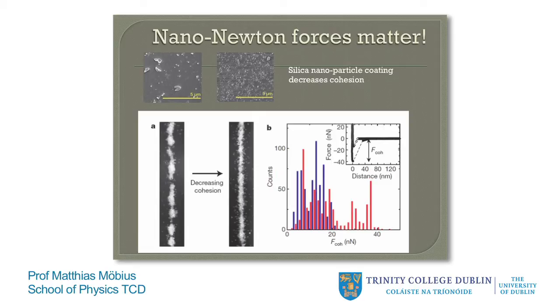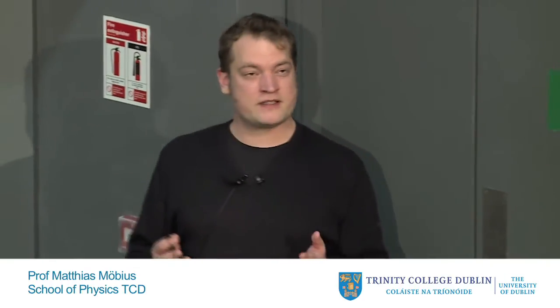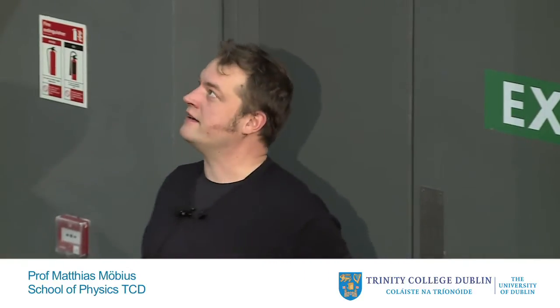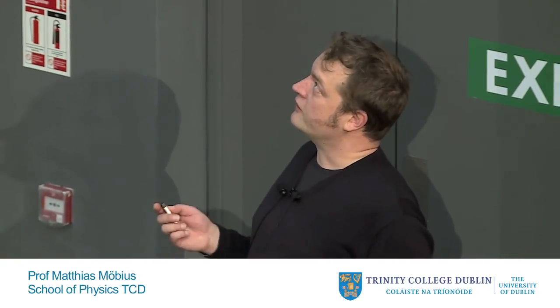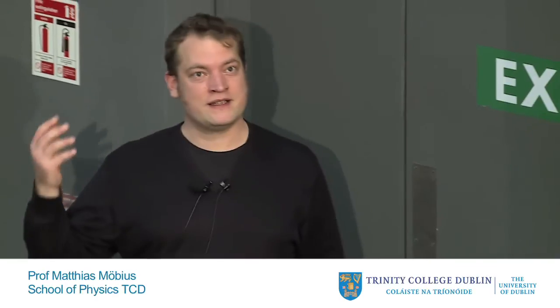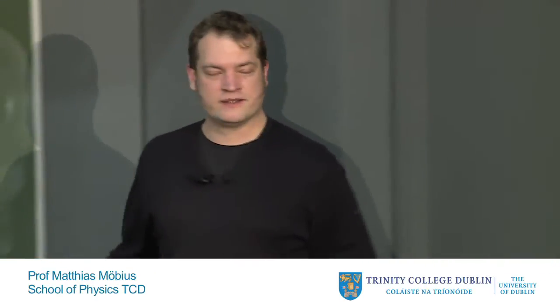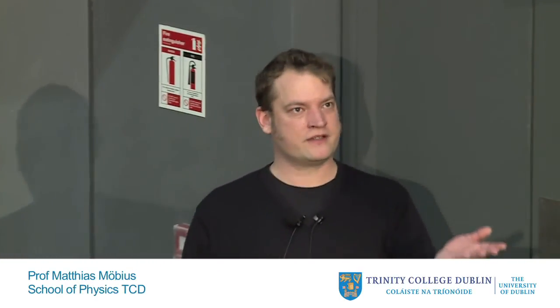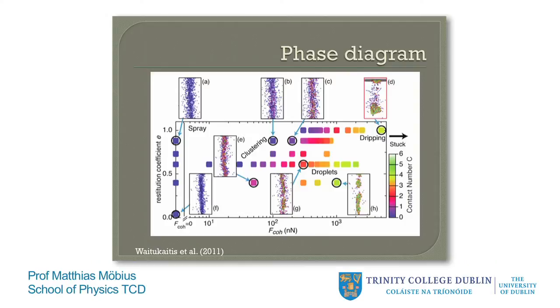Also, you have what's called van der Waals forces. But these forces are very small. We're talking about nanonewton forces. That's 10 to the minus 9 Newton. 1 Newton is the weight of a chocolate, 100 grams. So we're talking about forces that are 1 billion times smaller than a chocolate bar.